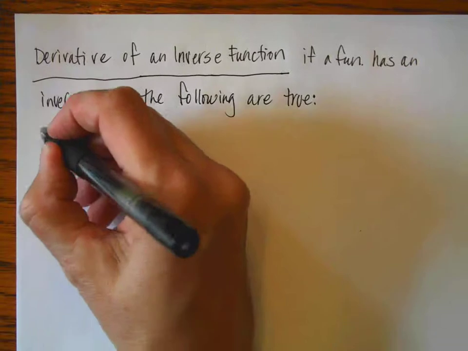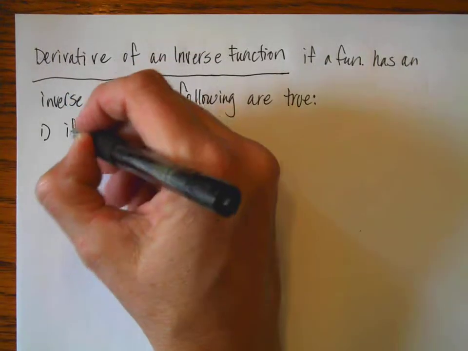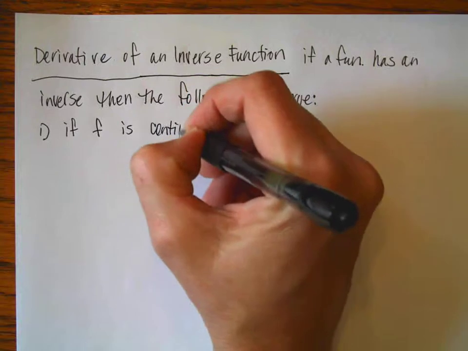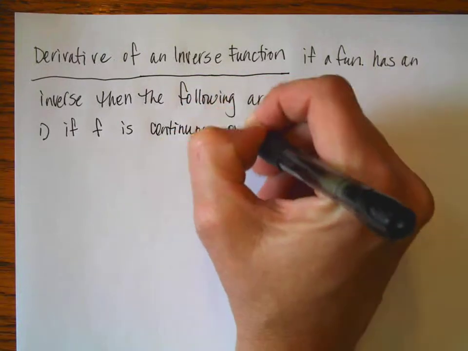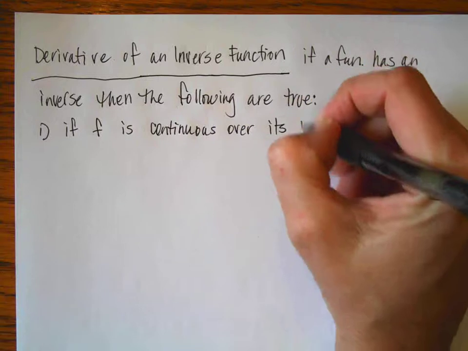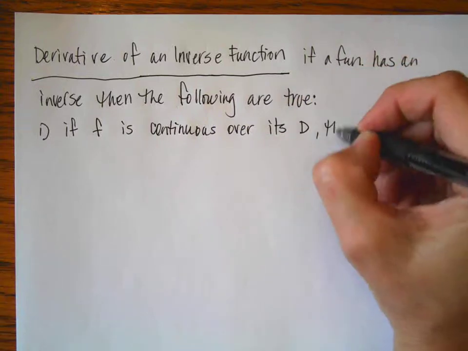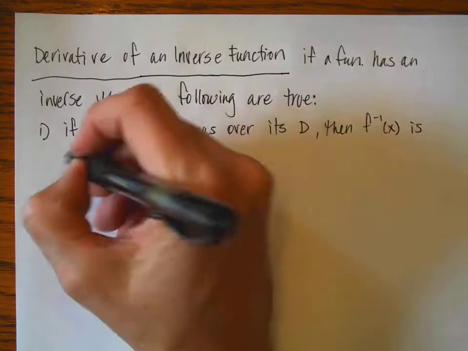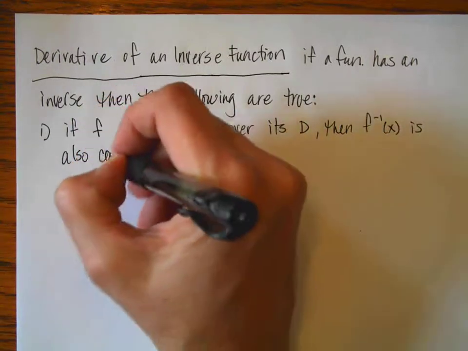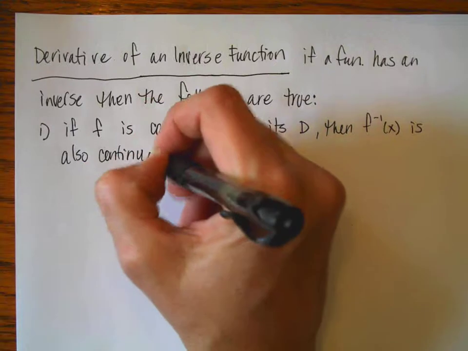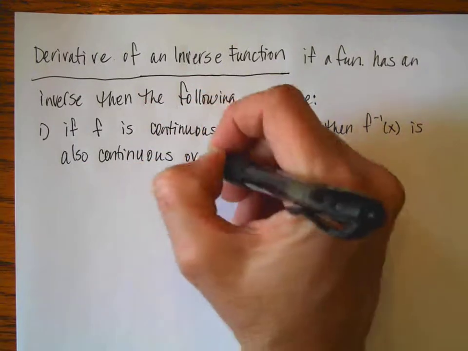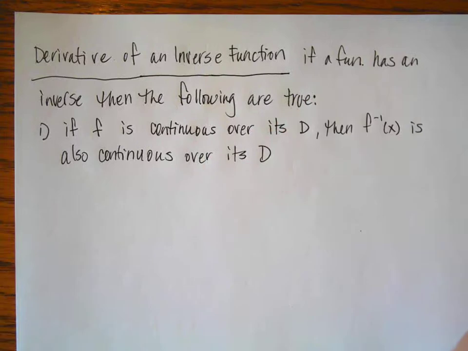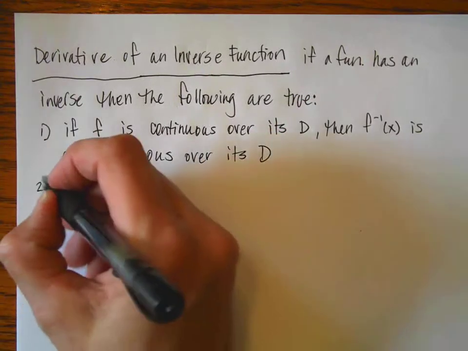So if a function has an inverse, the first thing that's true is if the function is continuous over its domain, then we know that the inverse is also continuous over its domain. And if you're thinking, that would be the range of the original function.